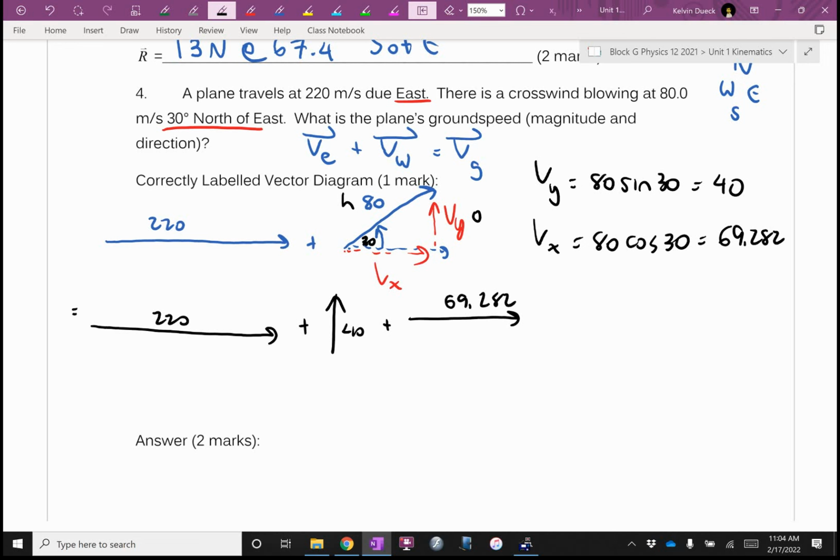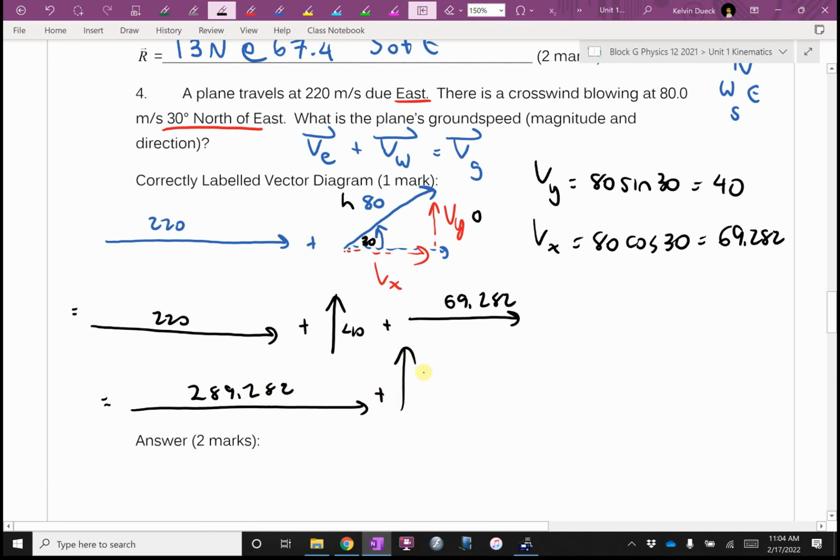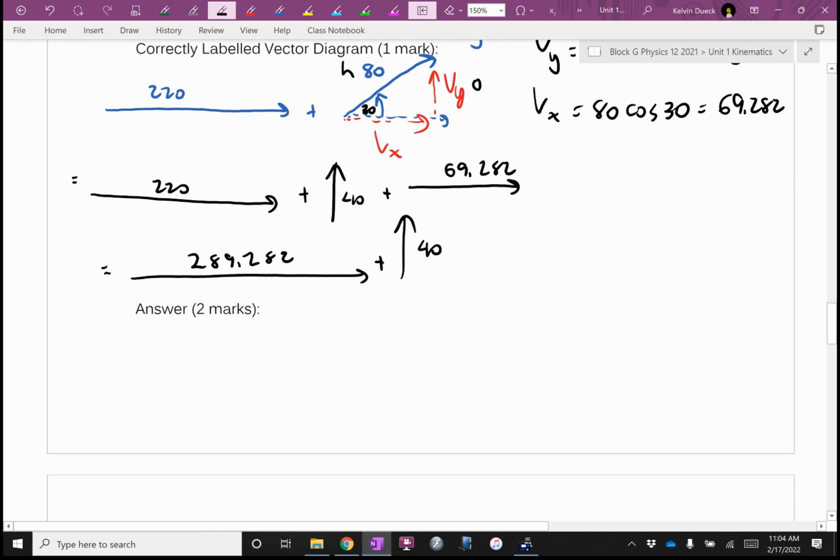So I can now say this is 289.282 plus 40. And now I have turned this, Zach, into a question I know how to do, because how many vectors do I have now? How would I add them together? Draw them? You don't say. Let's see if I can fit it in right here.